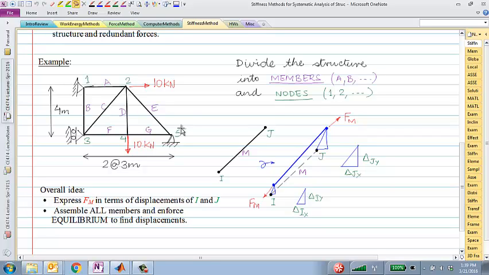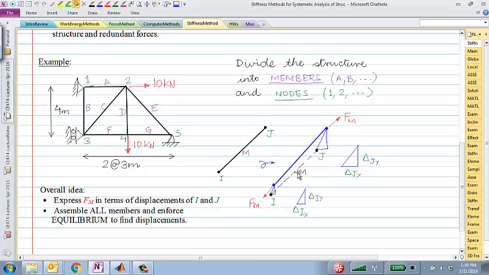Now, the key idea here is if I look at a particular member, say this member C, which is connected to nodes 2 and 3. That member in the deformed configuration will displace in general at both ends. At 2, this node 2 might go somewhere here. This node 3 might move down.